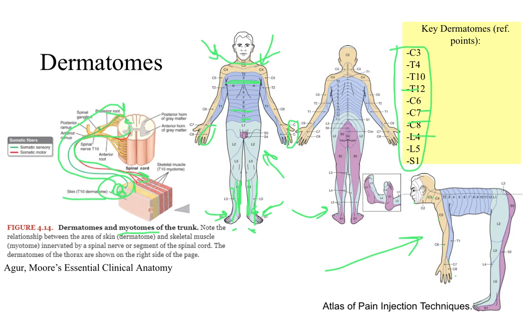If you look at evolutionary history, originally everybody was quadrupeds, and then we evolved into bipeds, but we still maintain the same dermatome pattern. That's why it's organized the way it is.